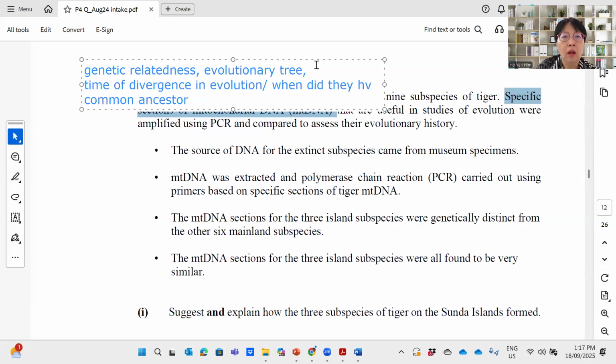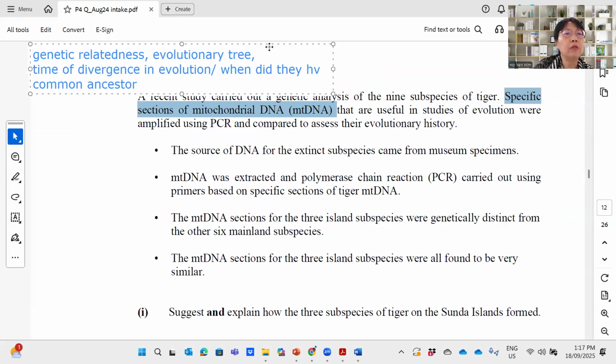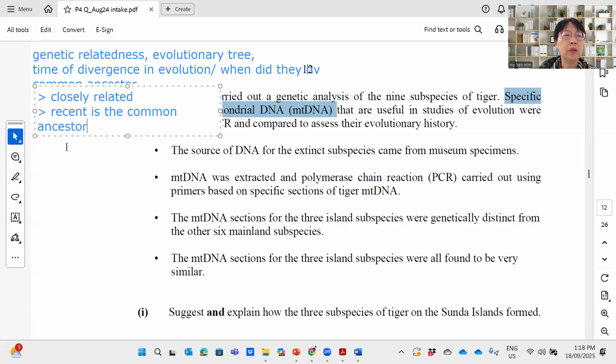Okay. So the method to find out genetic relatedness is by finding out the similarity in their mitochondrial DNA. And from there, we can draw the evolution tree by finding out the time of divergence in evolution, means when did they have the common ancestor. So the more closely related they are, the more recent is the common ancestor, right? So this is the principle of the test.